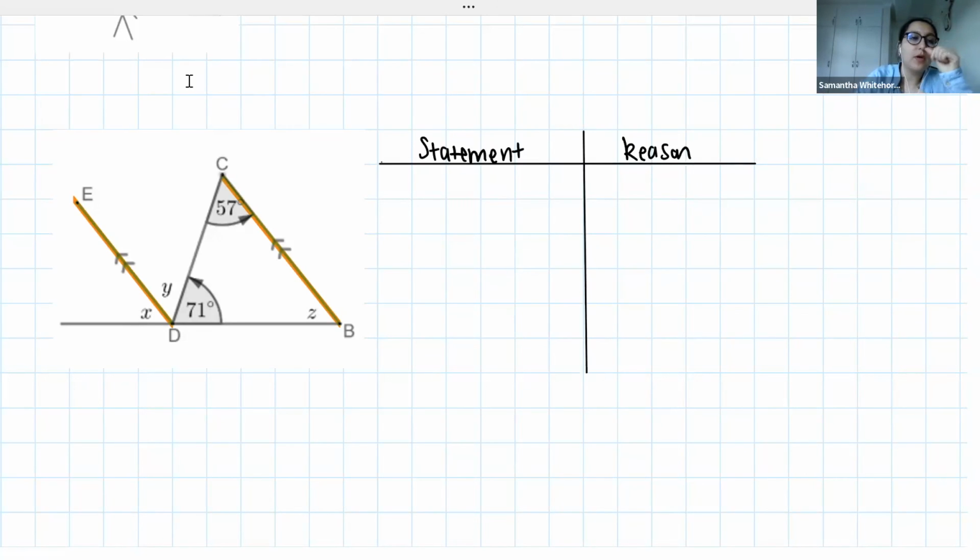Okay, so don't be overwhelmed by it. Like I've told you before, start by identifying your parallel lines, which I've already done.